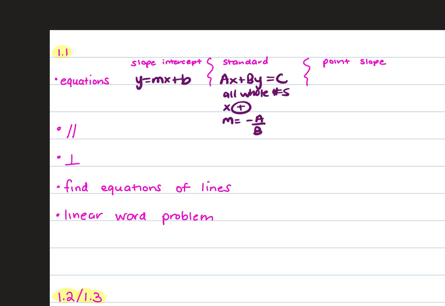So if you're looking for slope and it gives it to you in standard form, you don't have to put it into slope intercept form. You can do negative a over b. It says all whole numbers and then x has to be positive. And then point slope: y minus y1 equals m times (x minus x1).